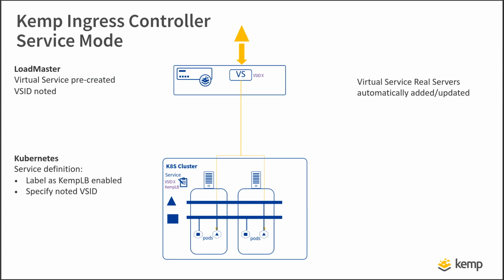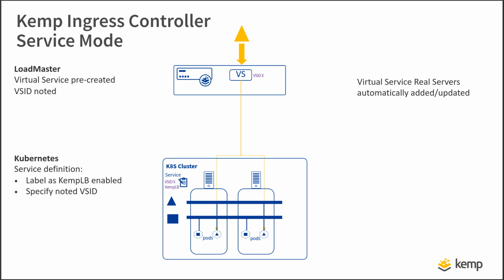Okay, so I'm just going to go through a couple of modes, and then we'll have a look at this in action. The Kemp Ingress controller operates in 2 modes. The first one is called service mode. It's probably the simplest to understand, especially if you're used to load balancing. With the Kemp Ingress controller in service mode, the steps are pretty easy.